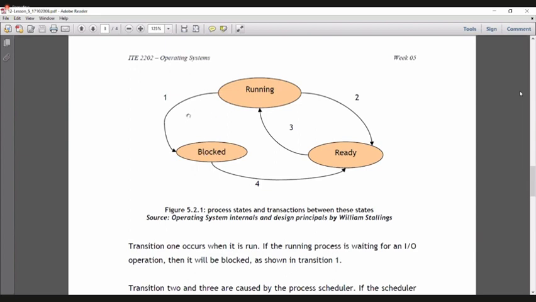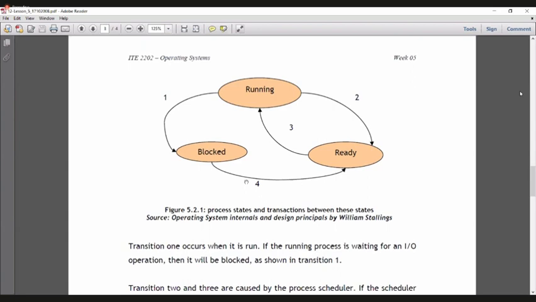So what are those arrows? They are known as transitions. This arrow indicates transition from running state to blocked state. This arrow explains transition from running state to ready state.